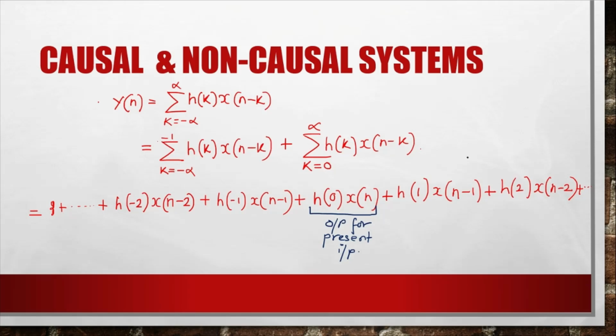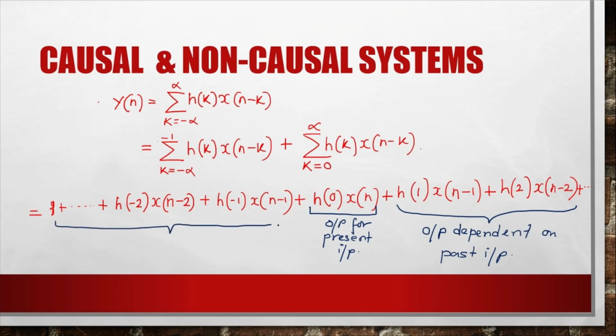So all these terms, starting from positive k equal to 1 to infinity, give us the outputs which are dependent on past inputs.